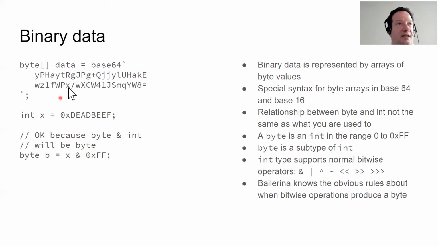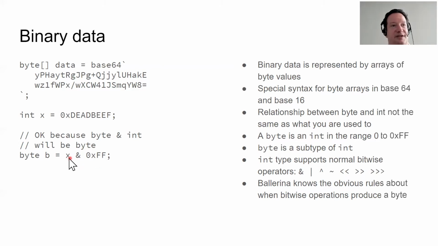And so we know about arrays, you know about bytes. We also have the normal bitwise operations, same as in Java or C. Java adds, I always forget which way around it is, the signed or the unsigned right shift. There are 2 flavors of right shift anyway. So we have both flavors. And the typing knows the obvious things.